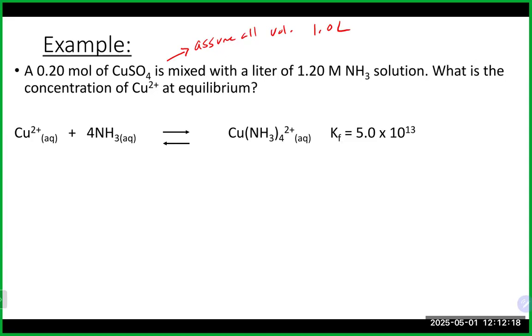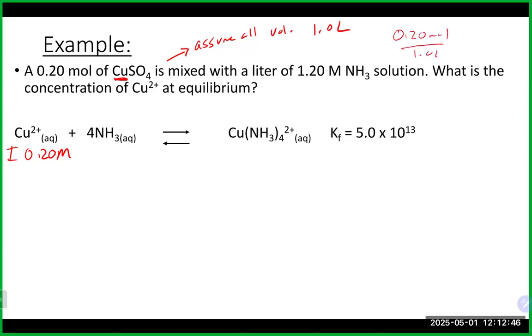So we are going to do an ICE table, and we do want the concentration of copper and the concentration of ammonia when everybody's mixed together. In this case, this copper(II) sulfate is our source of copper(II). So initially we would have 0.2 molar, and again, we're assuming everybody is 1 liter.